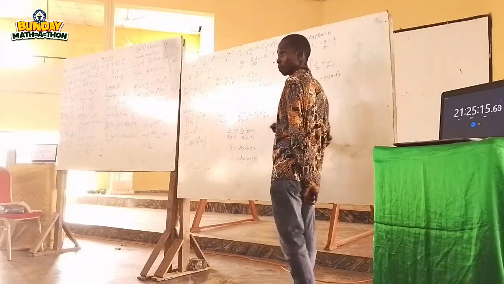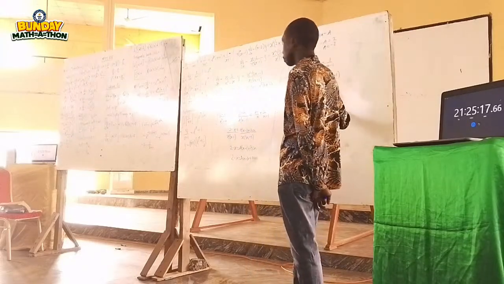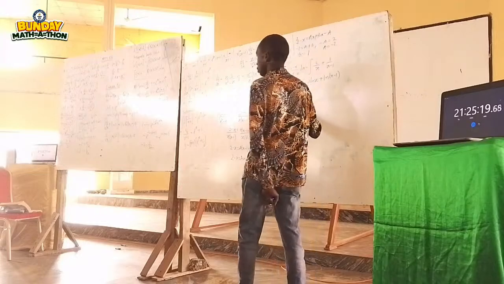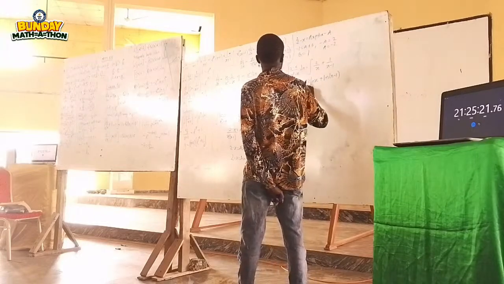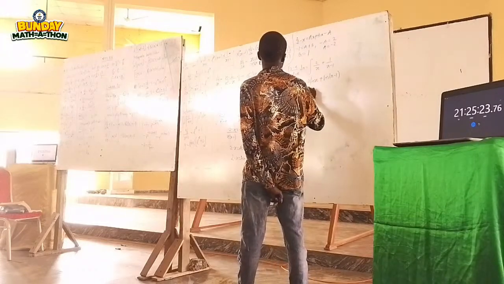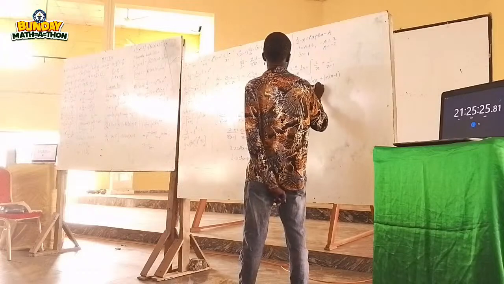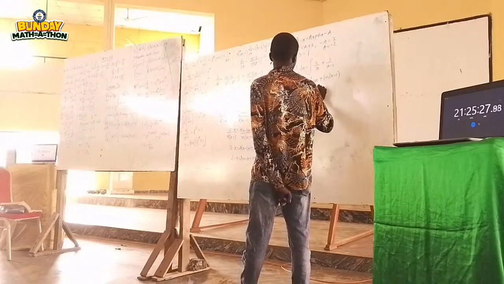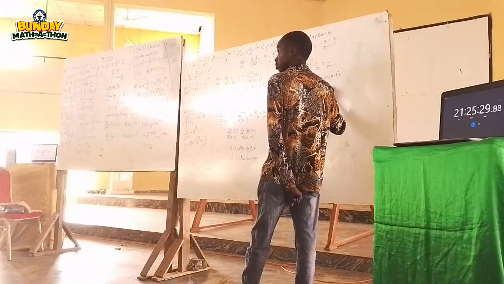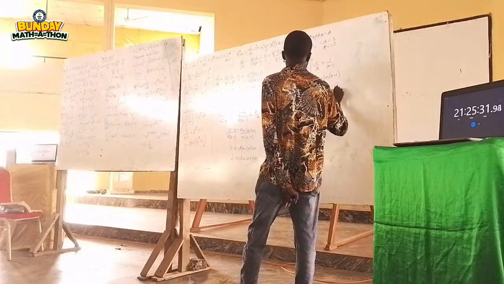By integrating this part, I can then take this one to the other side, so I have ln x minus ln of x minus 1.